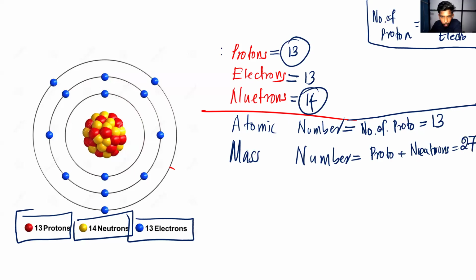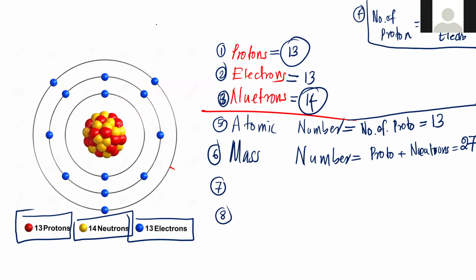So we have learned six things, not yet completed. We have another 7 and 8.